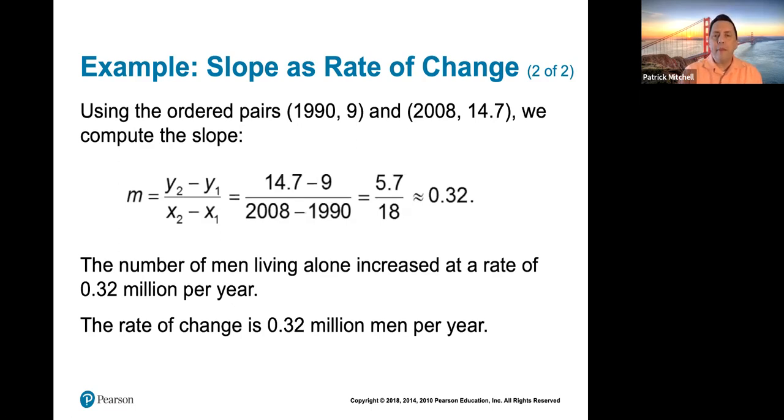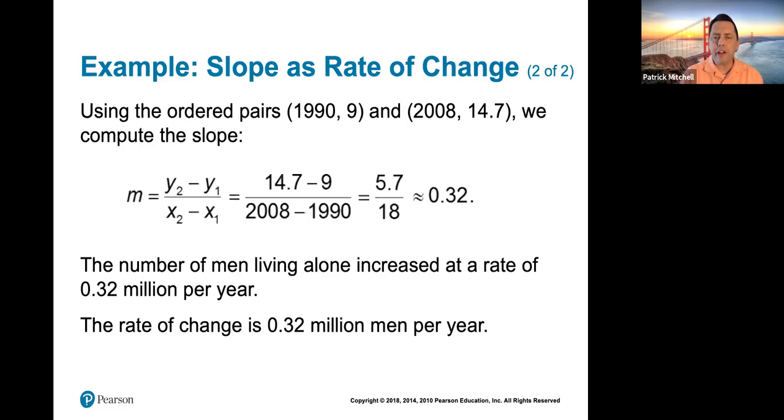So the number of men living alone increased at a rate of 0.32 million per year, which is kind of a funny way to say that. You wouldn't normally hear 0.32 million. That would mean 0.32 times 1 million, which is 320,000. So the number of men living alone is increasing at a rate of 320,000 men per year.